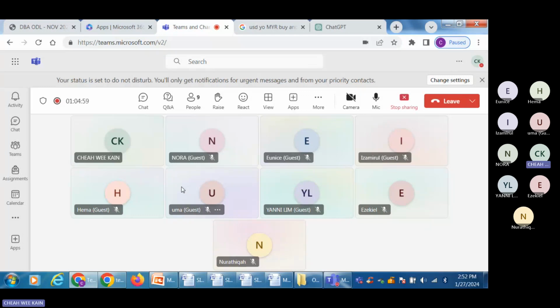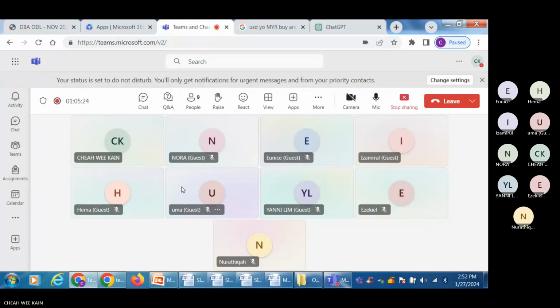Okay, you open a shop. You sell nasi lemak. One nasi lemak you sell is 5 ringgit, okay? No problem.